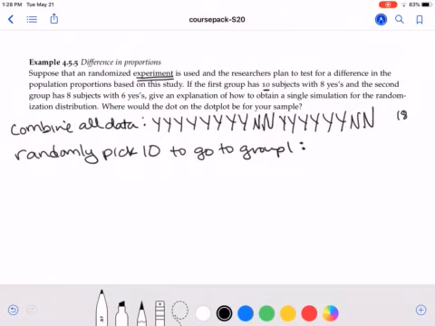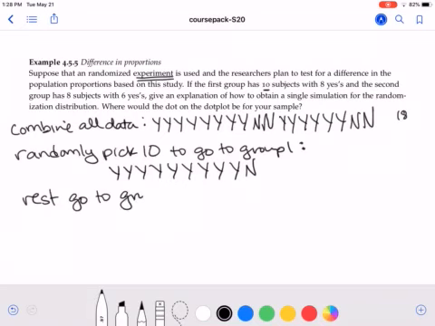So maybe it gets 1, 2, 3, 4, 5, 6, 7, 8, 9, 10. These 10 values. Whatever's left over then, the rest, would go to group 2. So what would be left over here is we grabbed 9 of the yeses with 1 no. We would be left with 5 yeses and 3 no's from this total up here of 18.